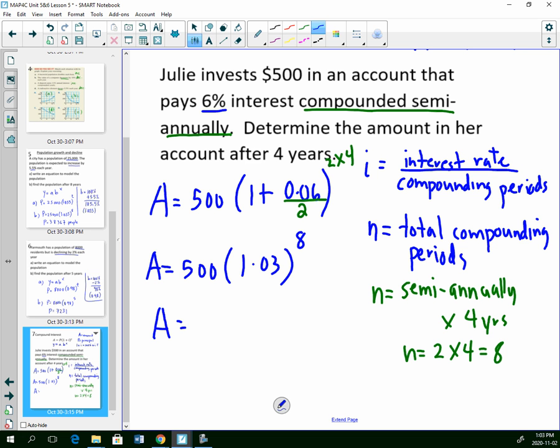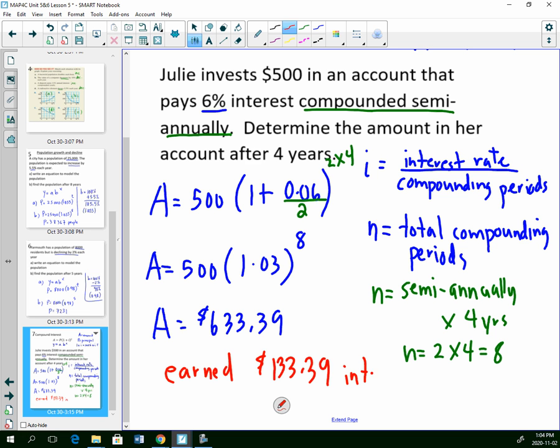All right, so let's see how much that is. So we end up with $633.39. So that means that we earned $133.39 in interest over that period of time.